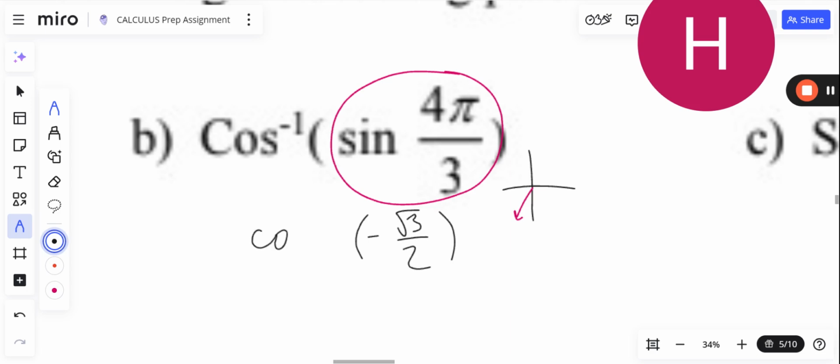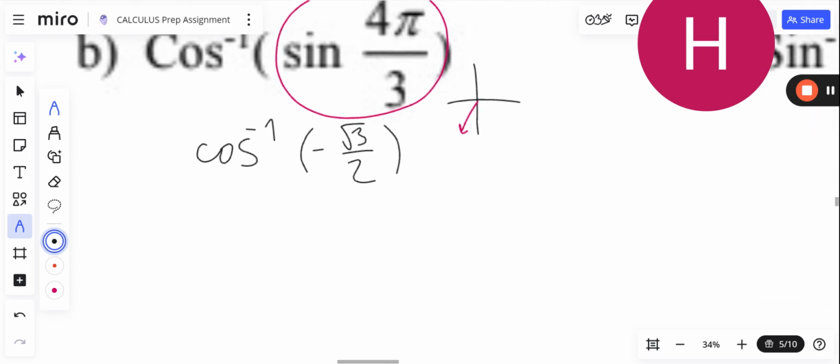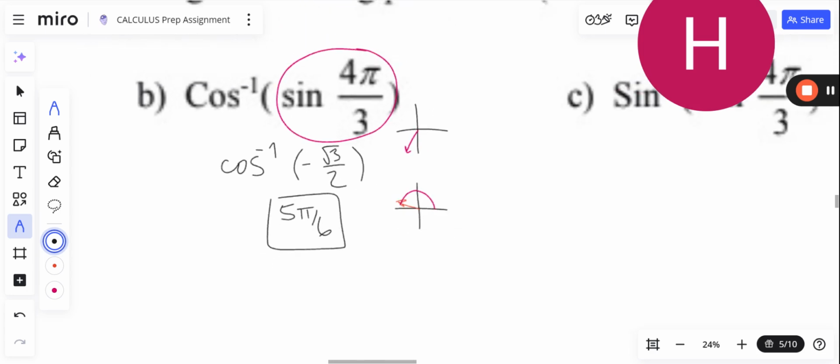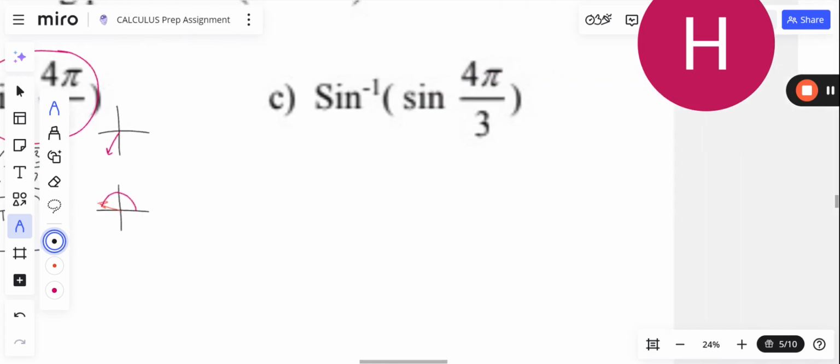And so now we're looking for the cosine inverse of -√3/2. √3/2 for cosine would be in the pi/6 family, but we want it to be negative. So it has to be here, and that would be 5pi/6. That is within the range of cosine inverse, which is from 0 to pi. Okay, easy enough.